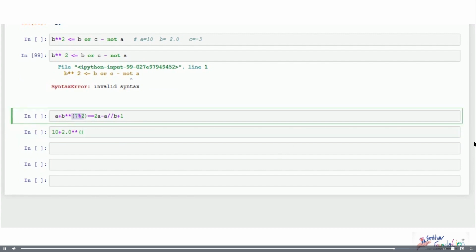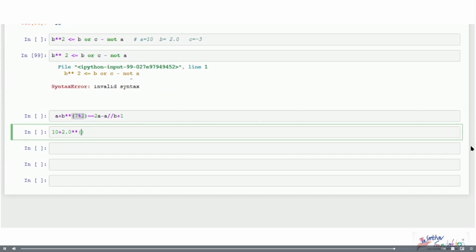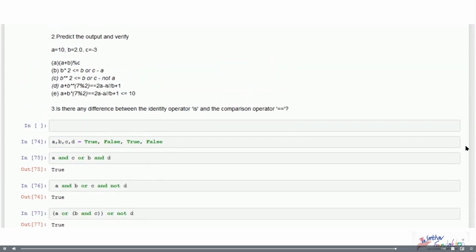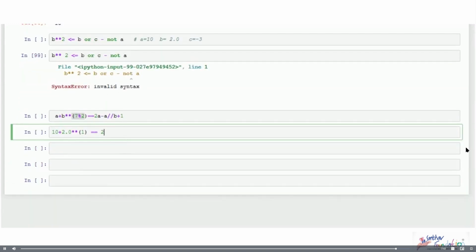You have brackets over here, so this gets executed first. 7 mod 2 is 1, because when you divide 7 by 2, you get the remainder as 1, and you have equal to, then you have 2a. 2a basically is 2 into a, so that is 20, again minus 10 by b, which is 2.0, plus 1. This is the expression you get when you substitute your variables with numerical values.